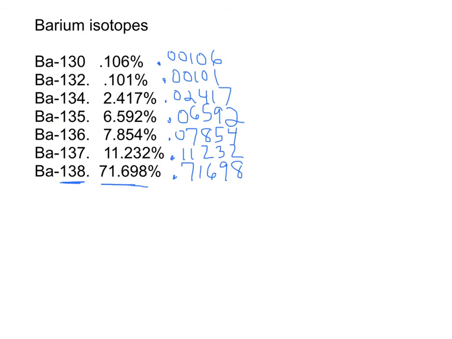But basically, for each one of these, I'm multiplying the mass number times its relative abundance turned into a decimal, and then I'm just going to add it to the next one. And I do this as one gigantic string in the calculator. If you want to break it down and do it as a series of discrete steps, you would take the 130 times 0.00106, but then you have to write down that intermediate answer, and it's a lot more writing and a lot more chances for you to go wrong with a copying error.